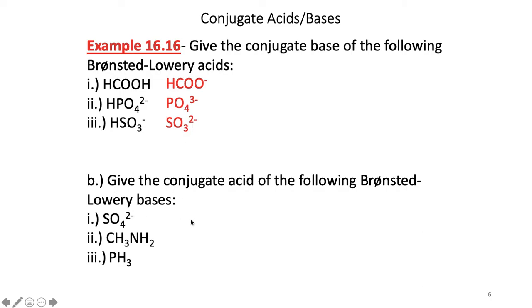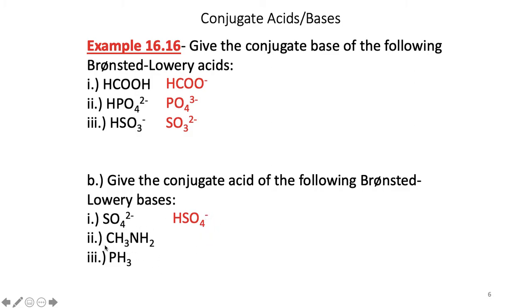Now let's look at the conjugate acid of the bases. I am told these are acting as bases, which means they're going to grab a proton. We're going to add an H plus, so SO4 2 minus becomes HSO4, and I increase the charge by 1. So 2 minus plus a 1 gives me a -1. So HSO4 minus. I added a hydrogen, and I increased the charge from 2 minus plus a 1 to -1.